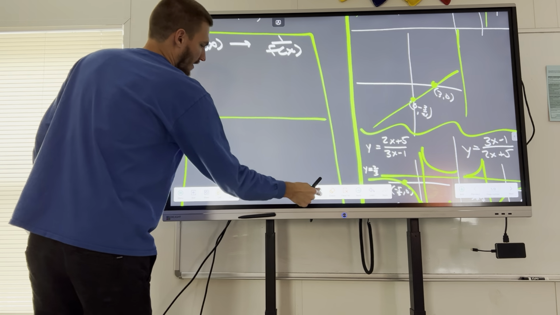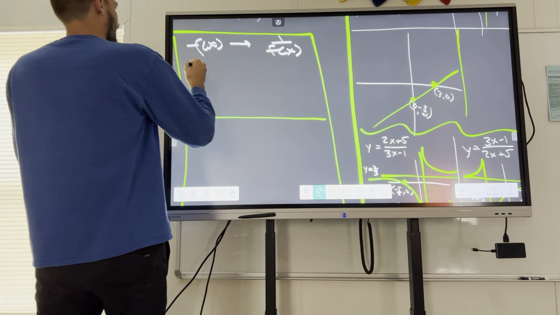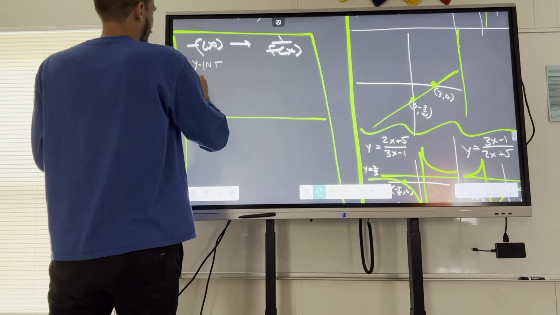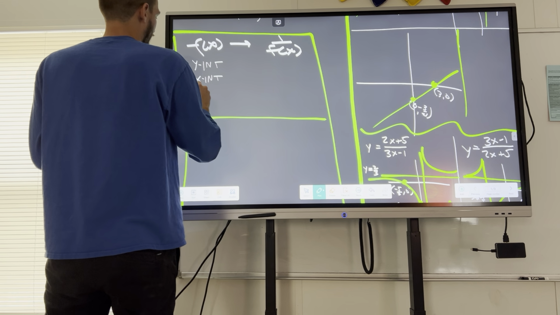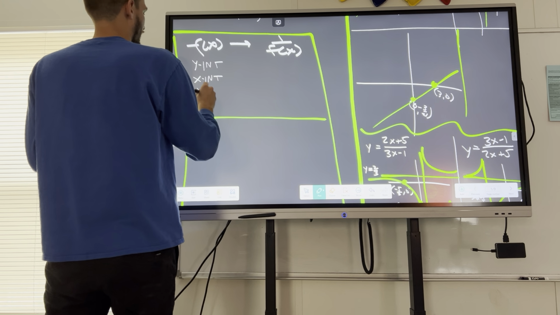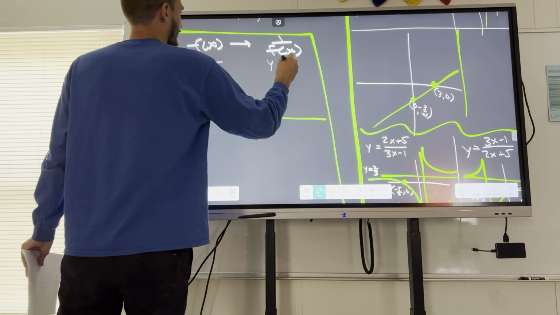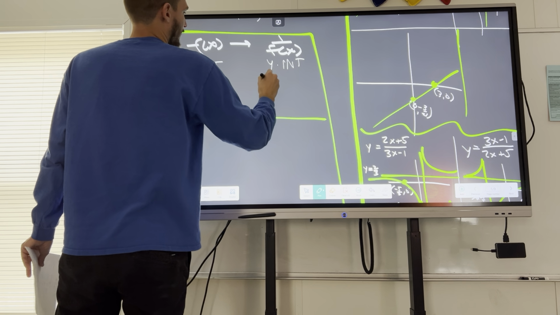I'm going to write the y-intercept, the x-intercept, the vertical asymptote, and the horizontal asymptote, and I'm going to write this for both.